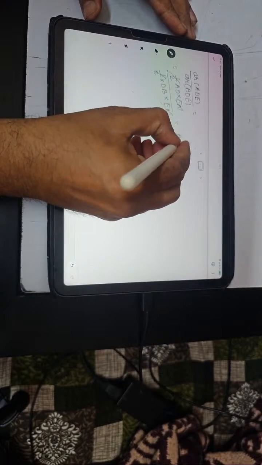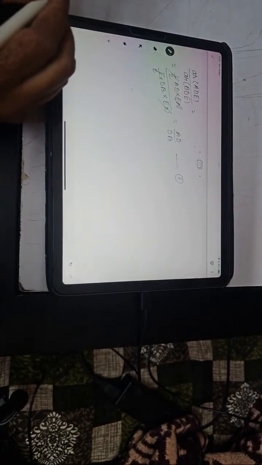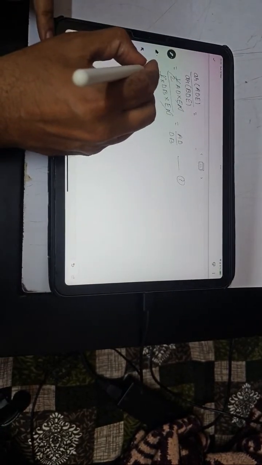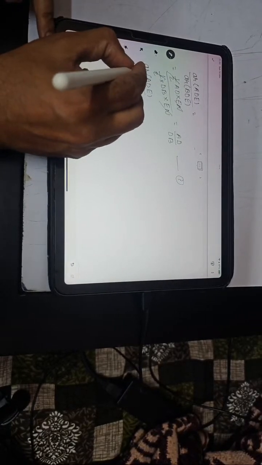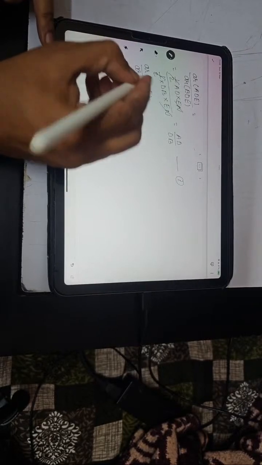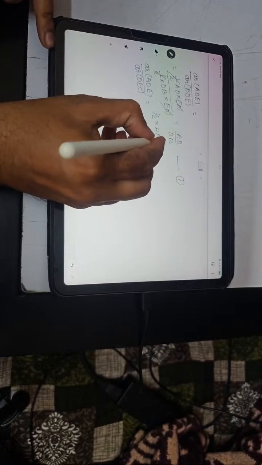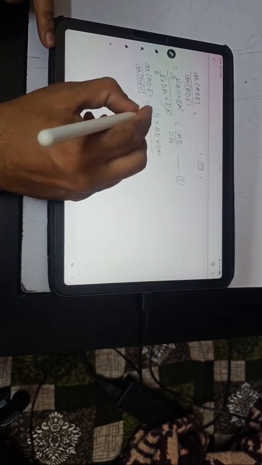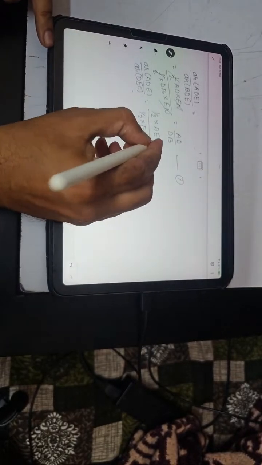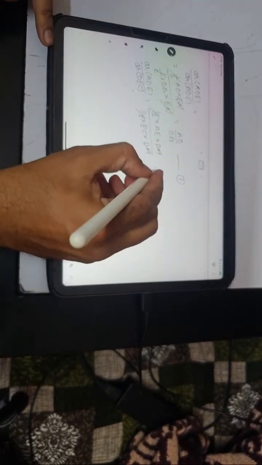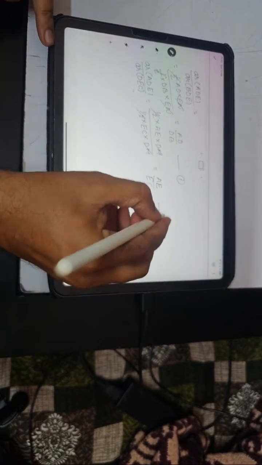So I got AD upon DB. So this will be my first result. In the same way, area of triangle ADE upon area of triangle DEC will be equal to half into AE into DM upon half into EC into DM. So again DM cancels, half cancels. So I got AE upon EC. This is 2.